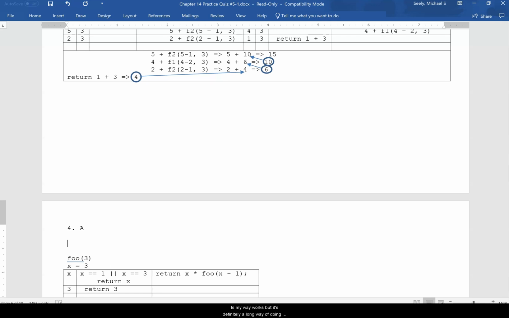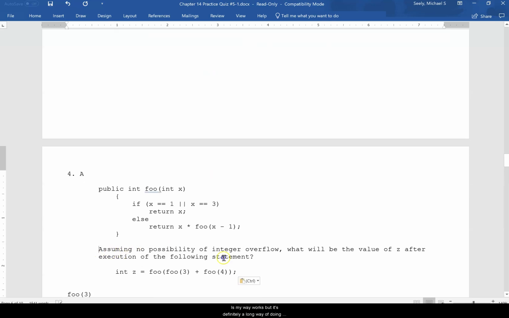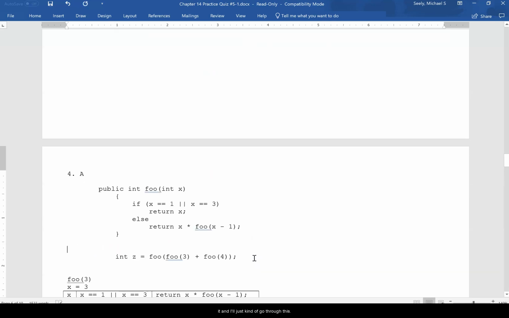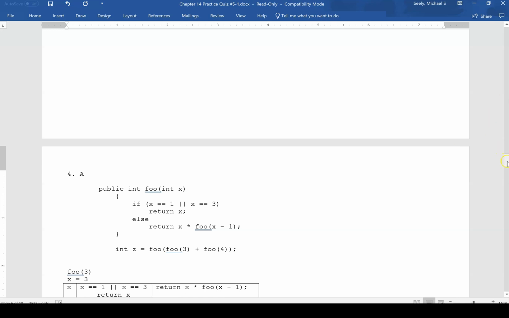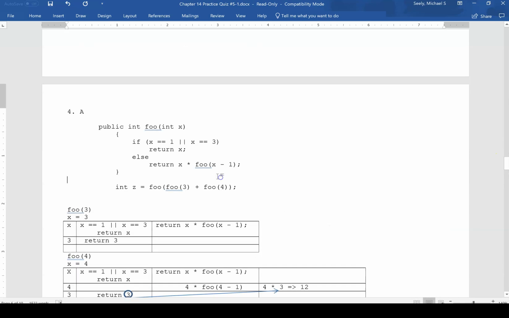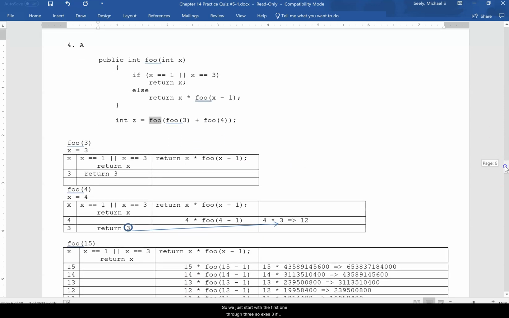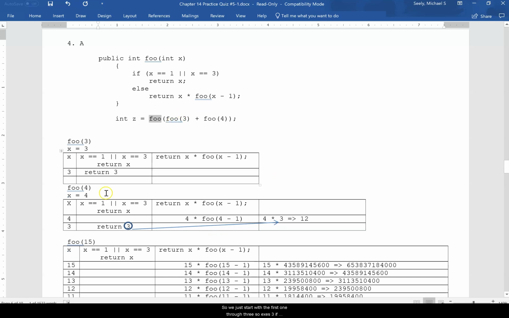Because my way works, but it's definitely a long way of doing it, and I'll just kind of go through this too. So we've got a recursive foo here, a recursive foo here, and then once we get those down to their base cases and all added up, then you'll add those together, and then you've got the recursive foo right there. Okay, so we just start with the first one, foo 3.